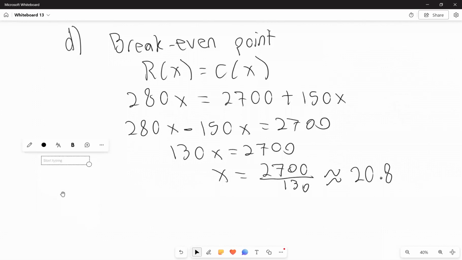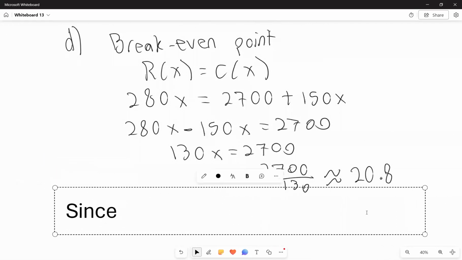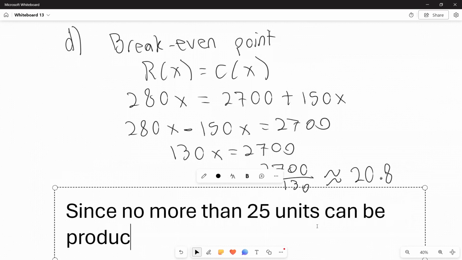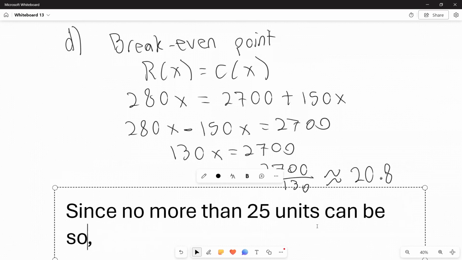Since no more than 25 units can be sold, the product should not be produced.